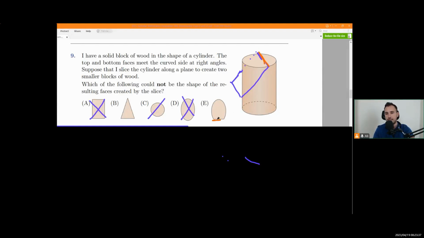It will create this side. But these edges, when we cut it like this, it will be this part. So this one, we made it. The one we cannot make was a triangle. It was also easy to guess, because to get a triangle, how are you going to cut that?